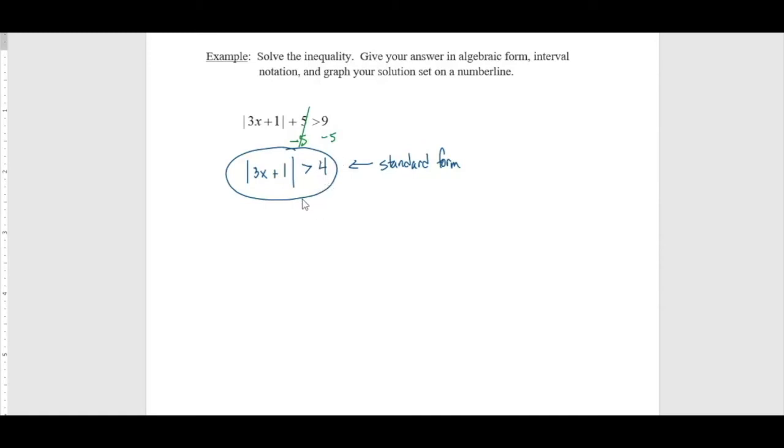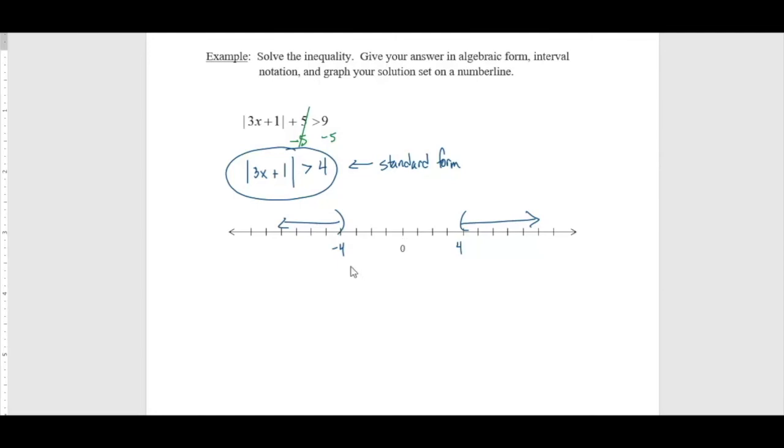Since we have a positive value on the right, we can continue with the setup. Remember what the template looks like when we have the absolute value greater than a positive number. This says we're looking for values that have a distance greater than 4 units from 0. So we need this expression to have values that are either greater than +4 or less than -4, because these are all the numbers that are more than 4 units from 0.